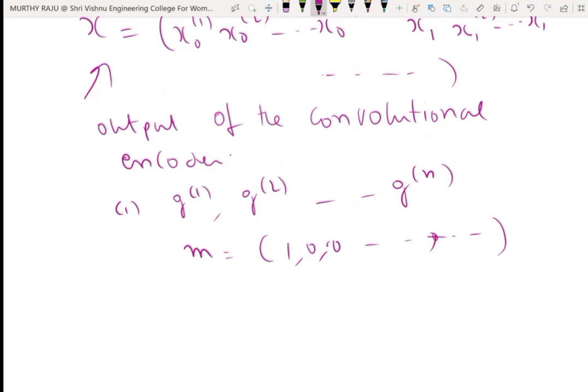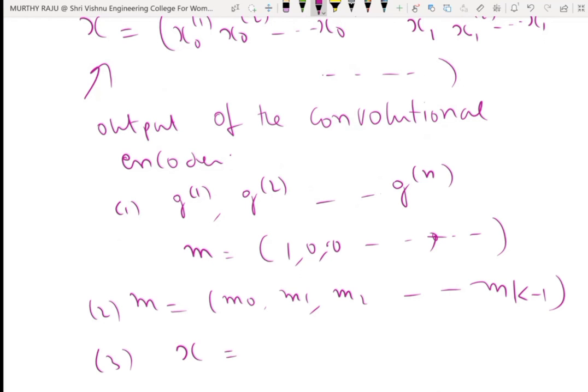Once these generator sequences are obtained, apply a message vector m is equal to m0, m1, m2 and so on, up to m of capital K minus 1, and find the output of the convolutional encoder, which is x.